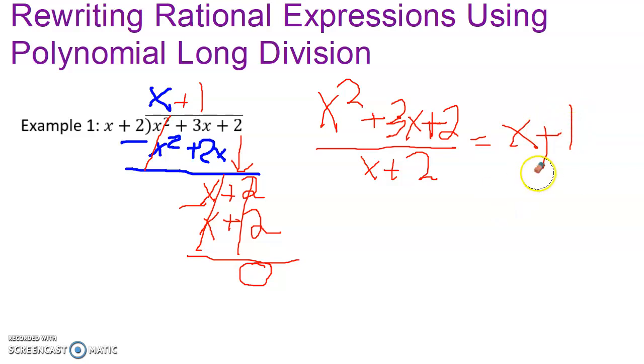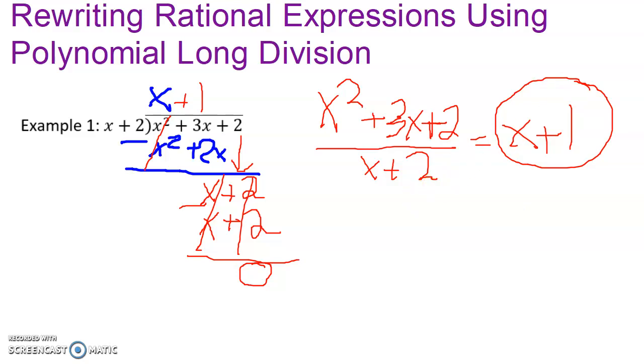So my final answer here is x plus 1. In this particular case, there is no remainder, so we don't need to do anything else besides give that as our quotient, which, recall, our quotient is our answer to a division problem.